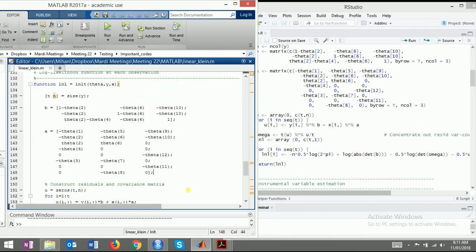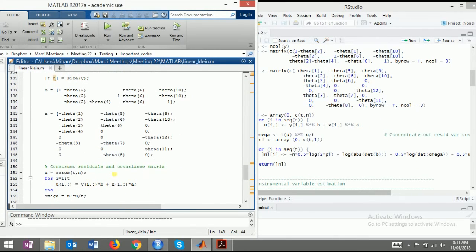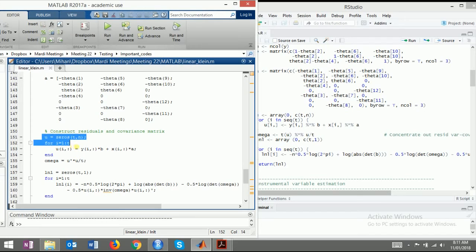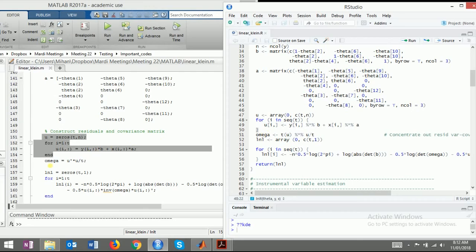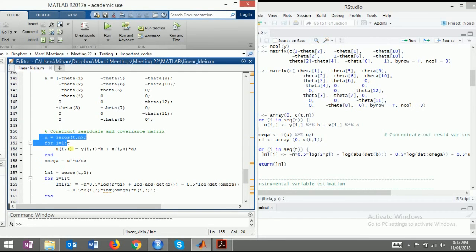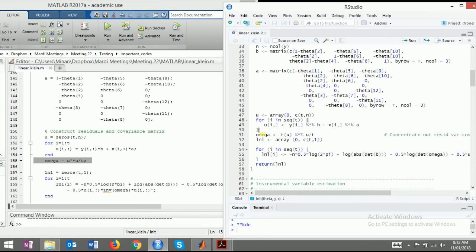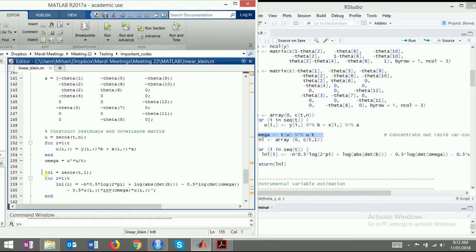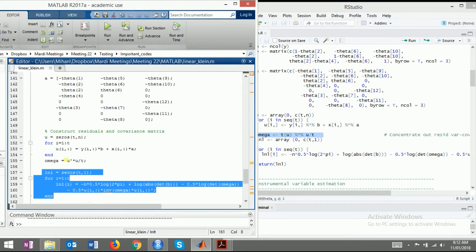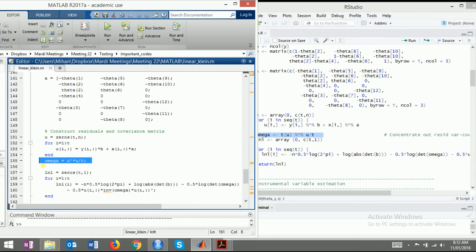Same thing: define beta and alpha, construct residual for the equation, construct omega, construct the residual with a loop, construct omega, then do the log likelihood function using the constructed residual and the constructed omega, because you needed u for omega. That's all.